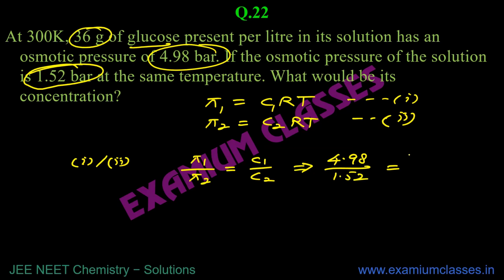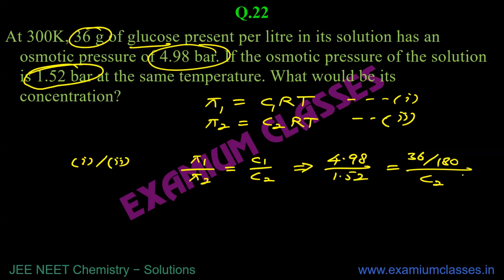So it will be 36 divided by 180, where 180 is the molar mass of glucose, divided by C2. In case of C2, we have to calculate, and if we calculate by this method, we will eventually get the same answer, but still you have to do it by this method.